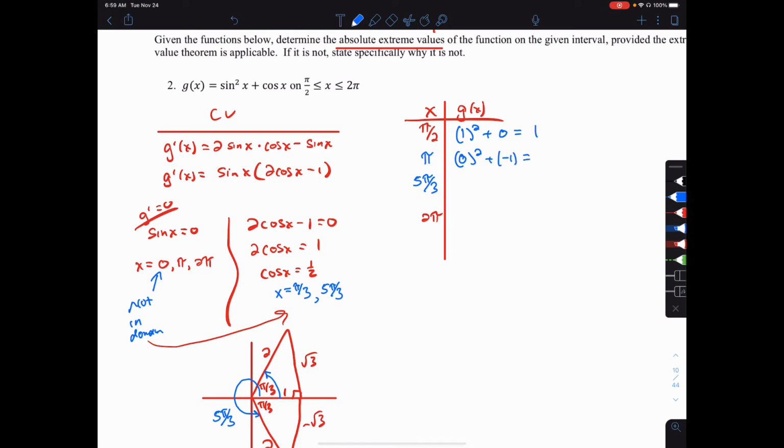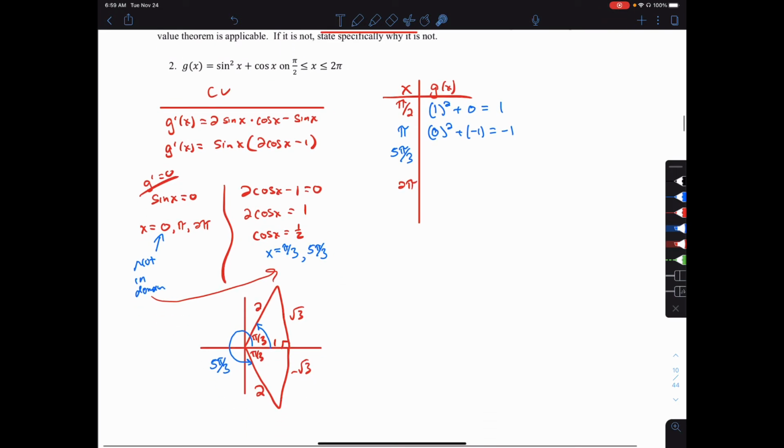So x is negative 1 and r is 1. 5 pi over 3, we've already got that right here. Sine is y over r, so that's negative square root of 3 over 2, so being squared. And then add to that cosine, which is 1 over 2, which is a half.